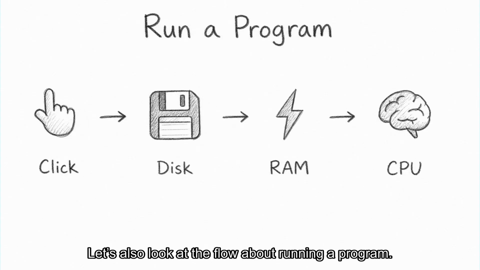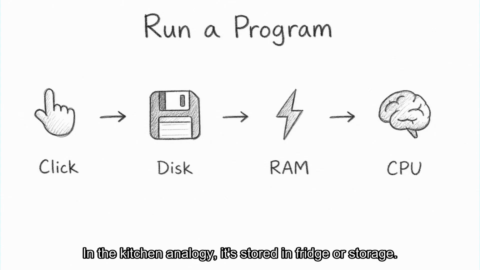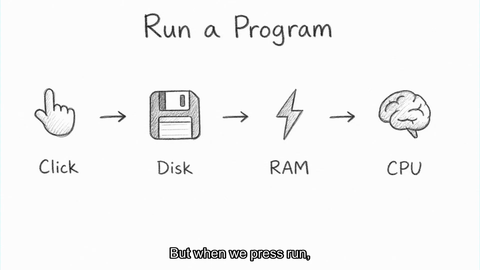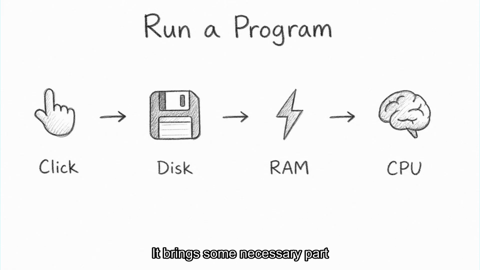Let's also look at the flow of running a program. Let's say that we open a browser or a messenger application. That program is originally stored on disk, like in the kitchen analogy, where knowledge is stored in the fridge or storage. But when we press run, the operating system prepares it so that it can actually run. It brings some necessary parts from the disk into the RAM, so the CPU can begin working on them. In the kitchen, it's like taking ingredients and a recipe out of storage and placing them on a counter so that the chef can start cooking.